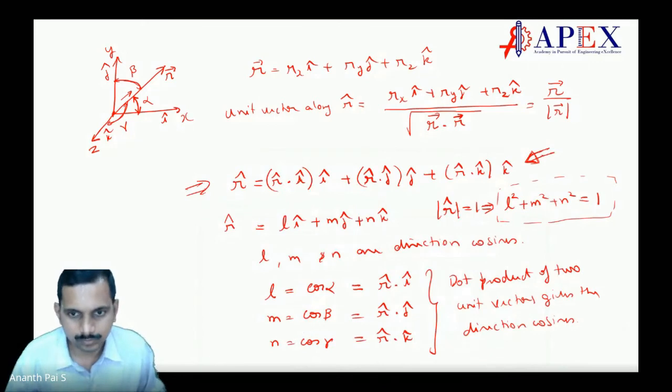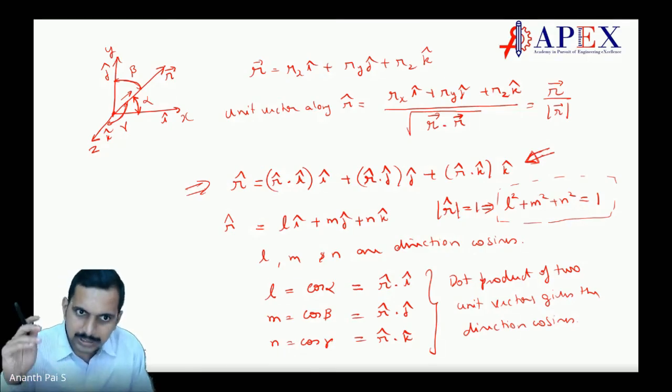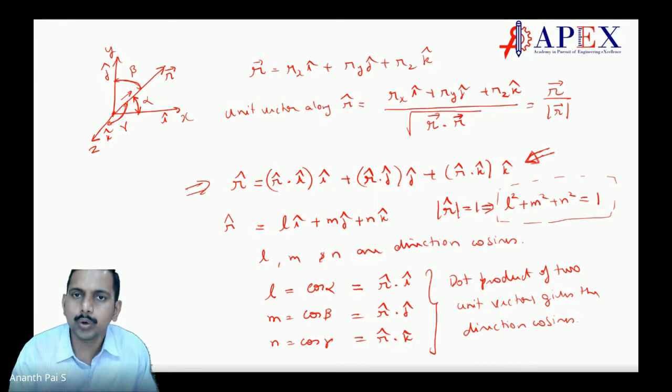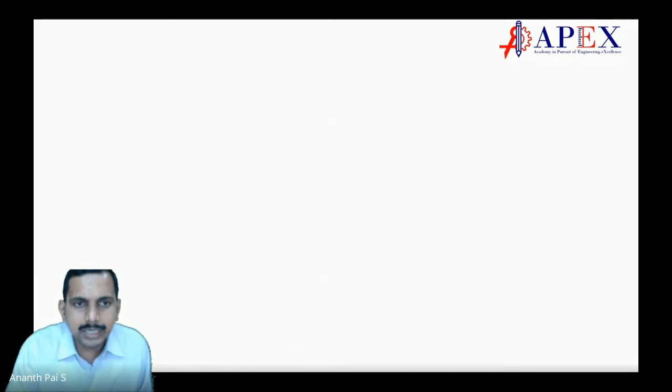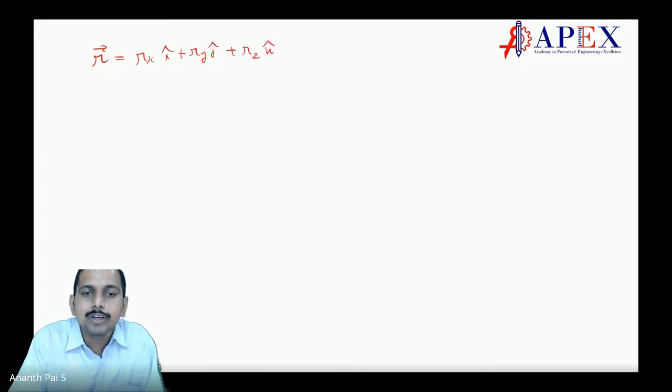Done? Yes, sir. Very good. Now let us see, is this direction cosine only for this kind of things? Can we do something else? Let us say a particular vector r, given as rx i plus ry j plus rz k, with another vector c.